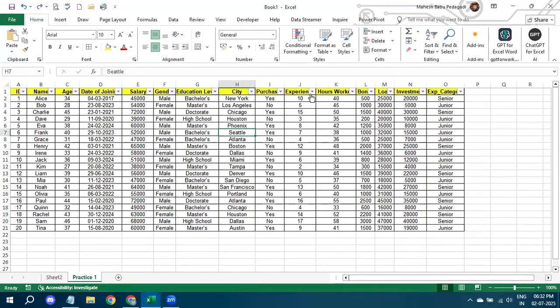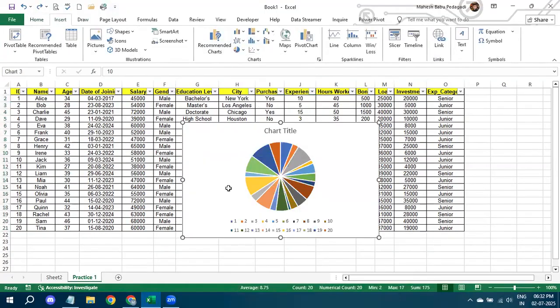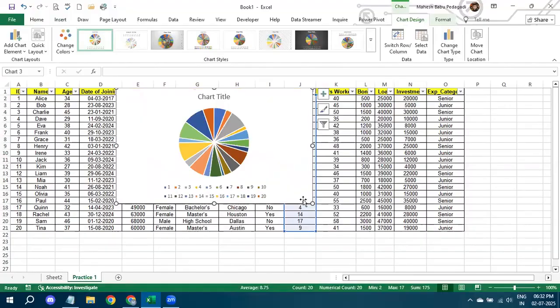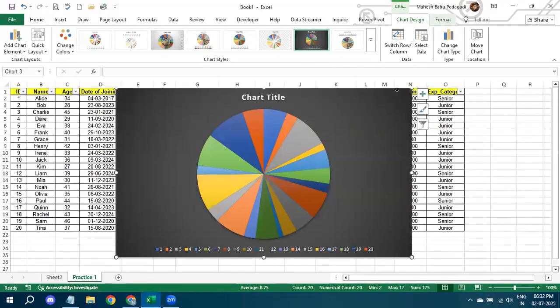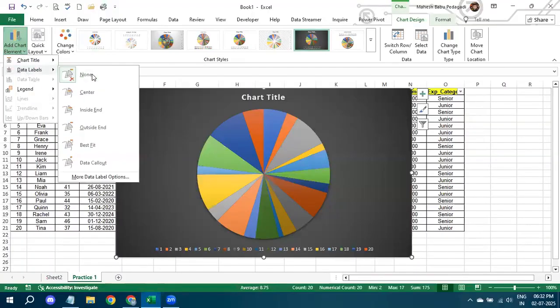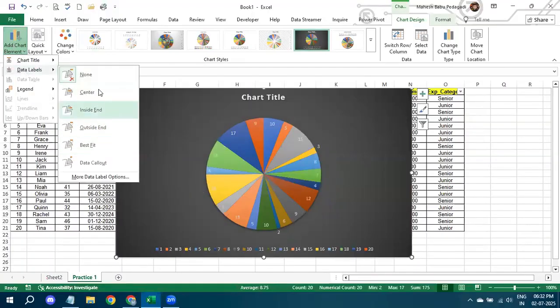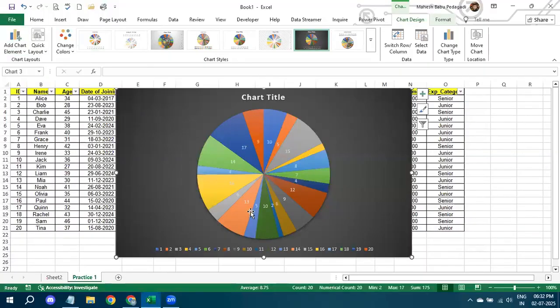Clear? Now, if I want to see the experience column, I'll go to insert, pie chart. A pie chart talks about the contribution, out of 100%. What is the contribution of each and every data point? If I add the data labels, were you able to see the data labels over here?